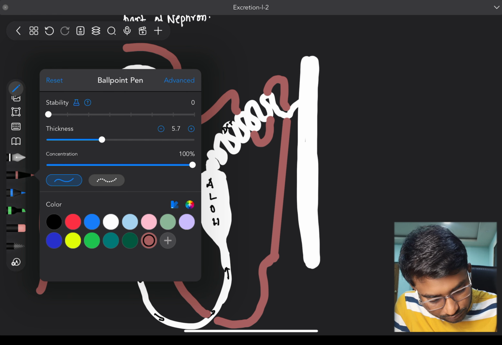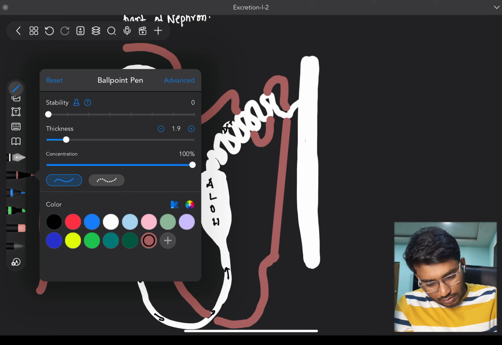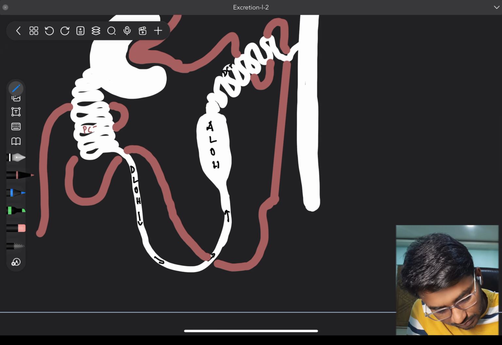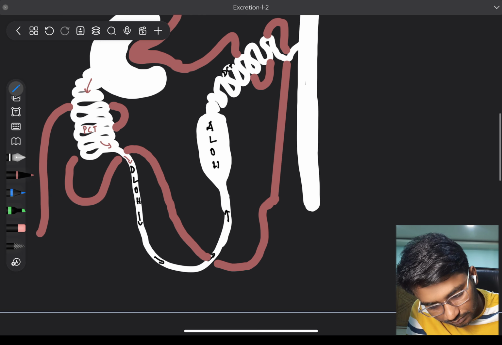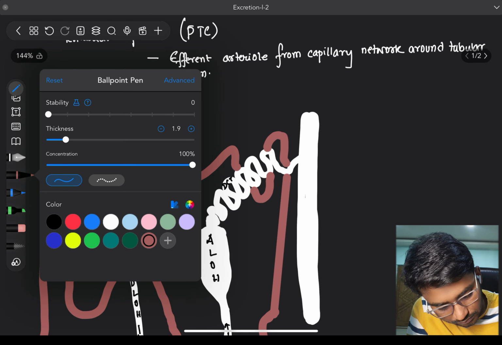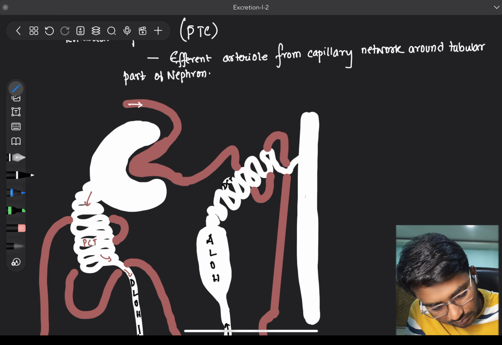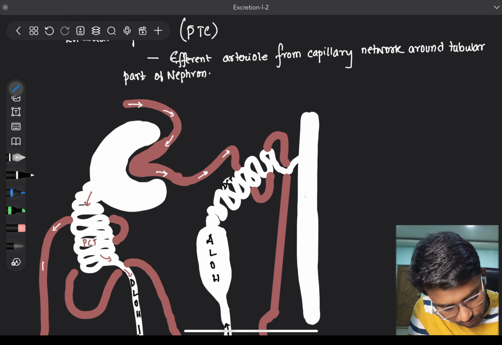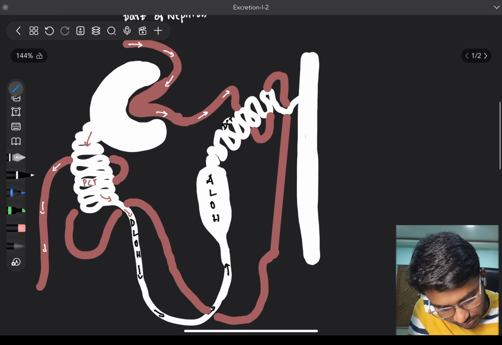Now, this is the PCT. And this is the flow of the counter current mechanism.